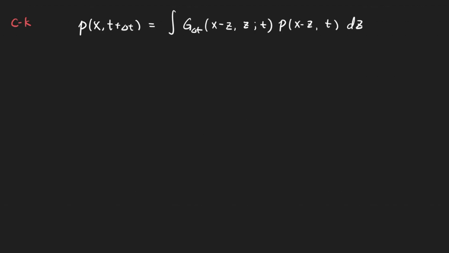Okay, so this is the same equation, but we just need to sum over all possible jump sets z as the difference between the stock price at time t.